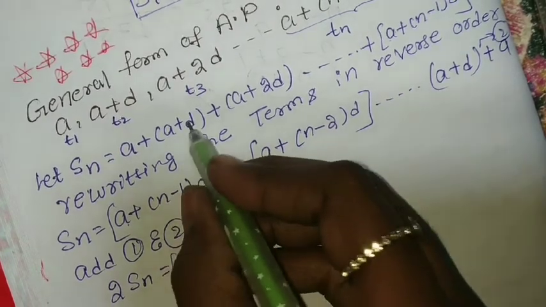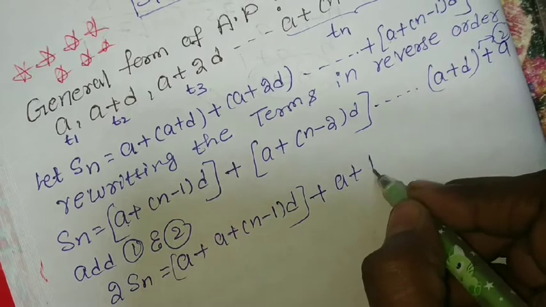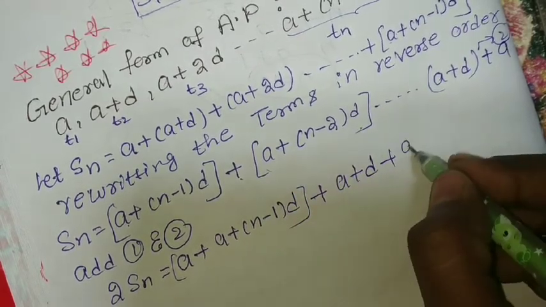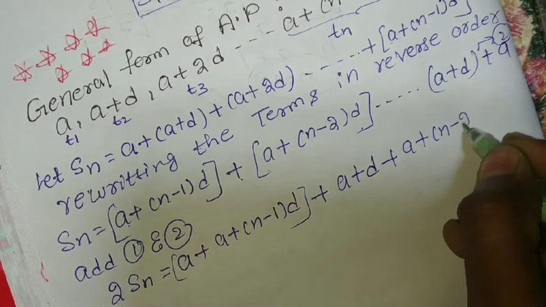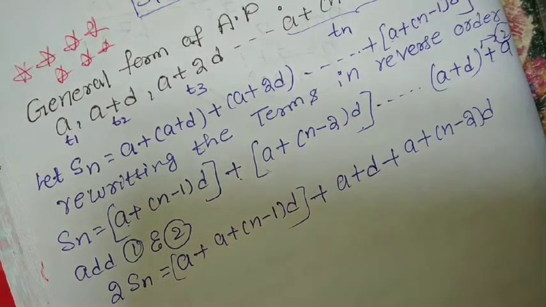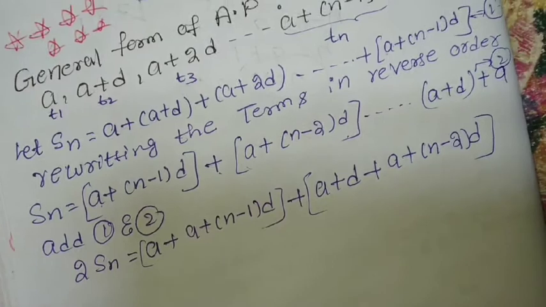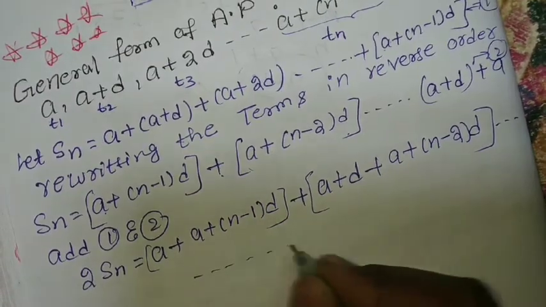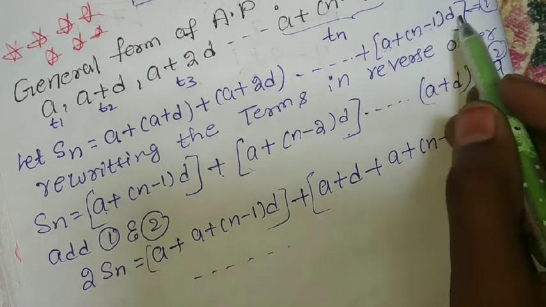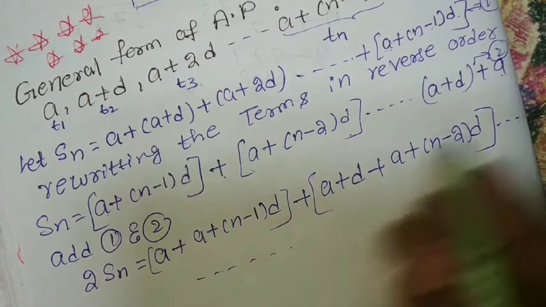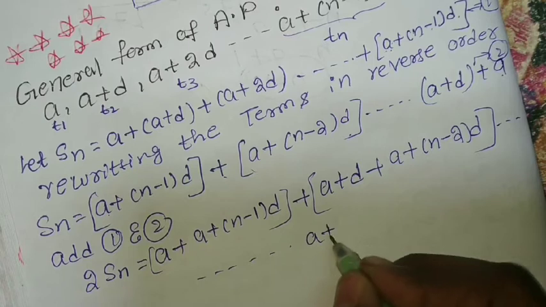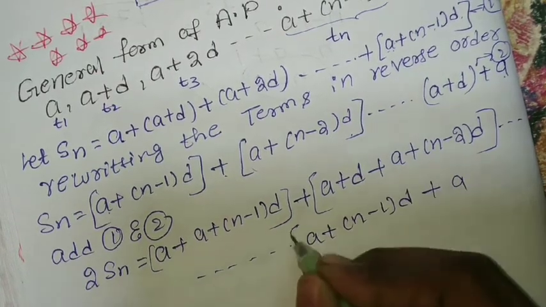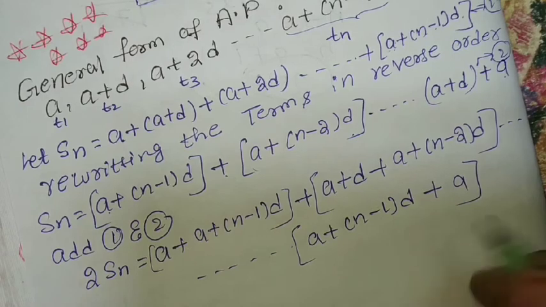Plus A plus D plus, next again we have to add this, A plus n minus 2 into D. Are you getting? And so on. What is the last term? A plus n minus 1 into D plus A. Write down here A plus n minus 1 into D plus A. This is the last term. Nothing we are doing here.